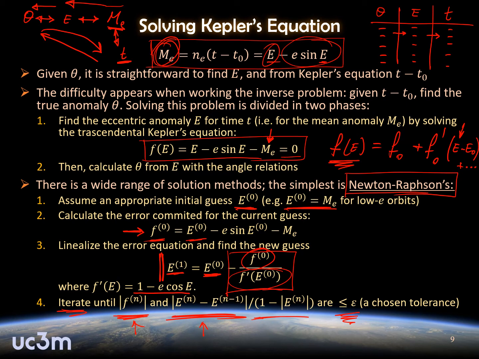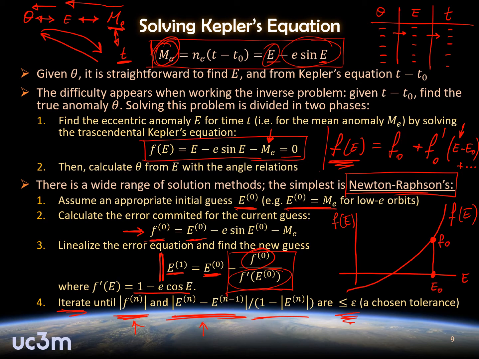All right. To visually understand what's going on, basically, imagine that this is the error function that we are going to try and solve. So this is F(E), this is E. Imagine that we start with an initial guess over here. This is the value of E0, and this is the value of F0.